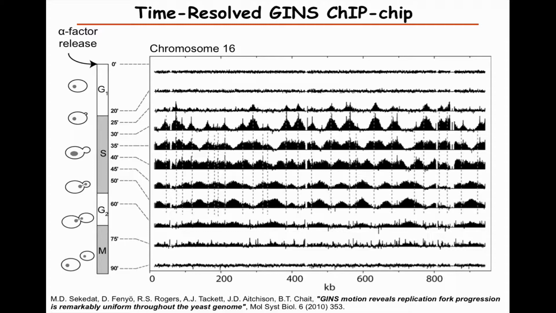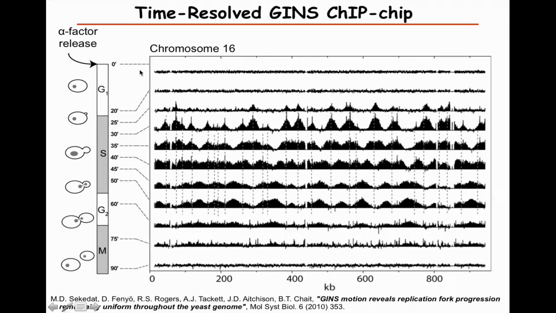Another signal, from somewhat older data, is also from ChIP-Seq. Here it's a time course. Again on the x-axis we have genomic coordinates, this time chromosome 16 in yeast, and then we have different time points taken through the cell cycle. What we're looking at is a replication fork associated protein called GINS. In G1, in the beginning, we don't measure anything but noise pretty much.